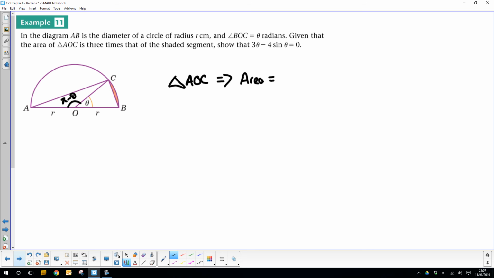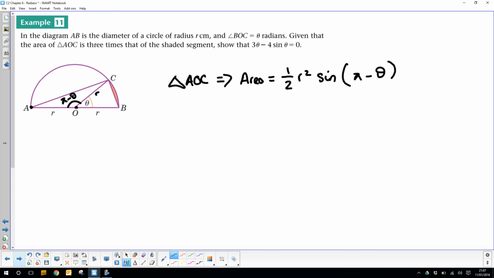So the area will be a half r squared, and that's the radius as well in there, of course, because it's a radius of the circle. That's r as well. So it'll be a half r squared sine, and then our angle, which is pi minus theta. So this is triangle AOC here.